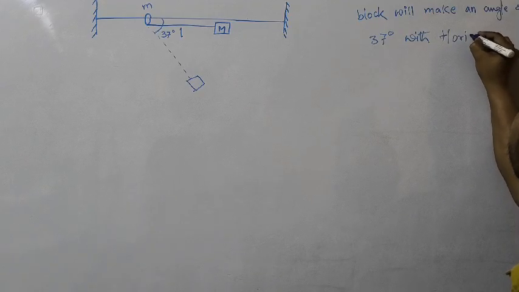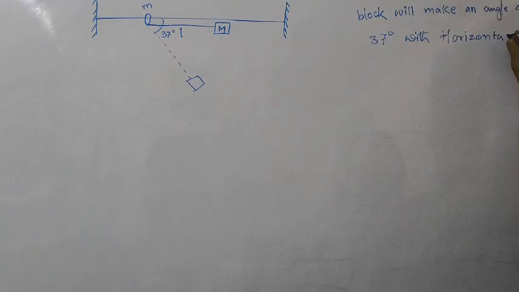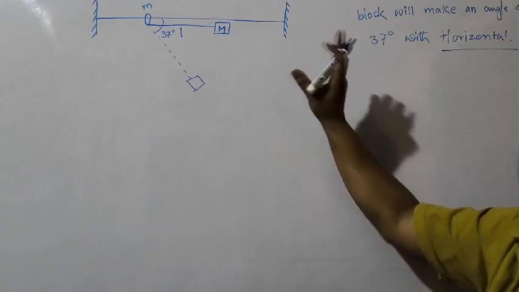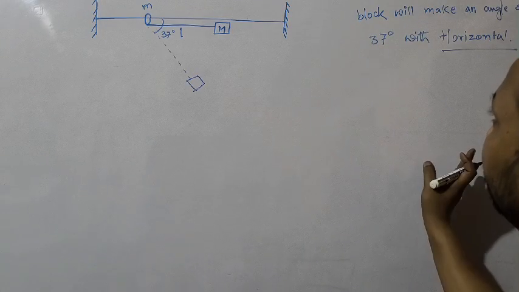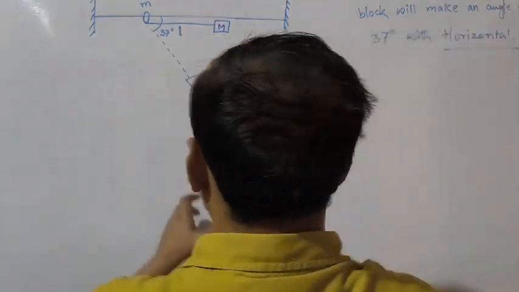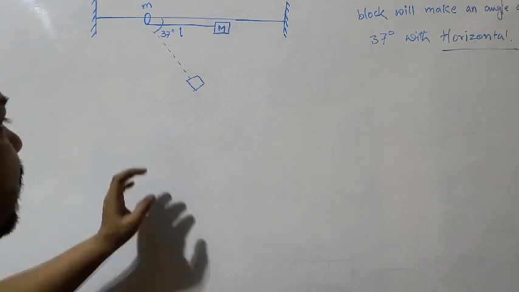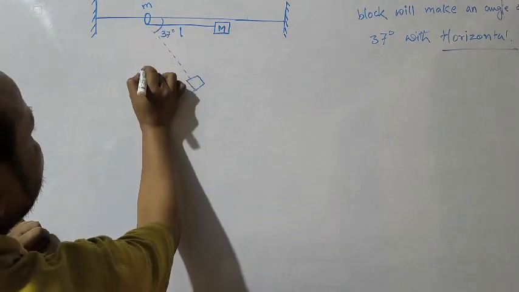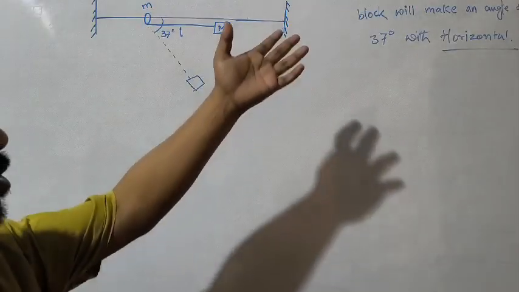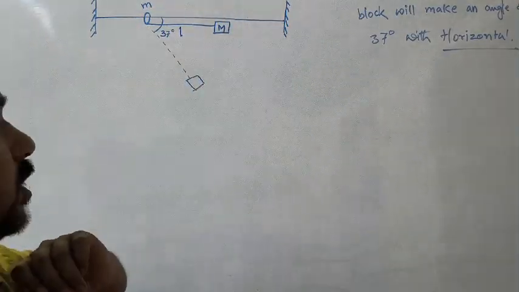Okay, assume all the surfaces are smooth and frictionless. Another part is also when this block will be completely vertical, like in this position, then find the shifting of the bead or ring. Okay, so we will discuss that question also.